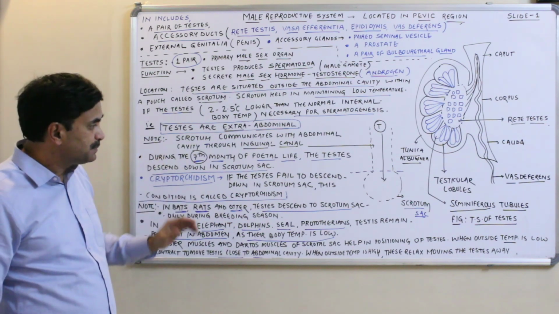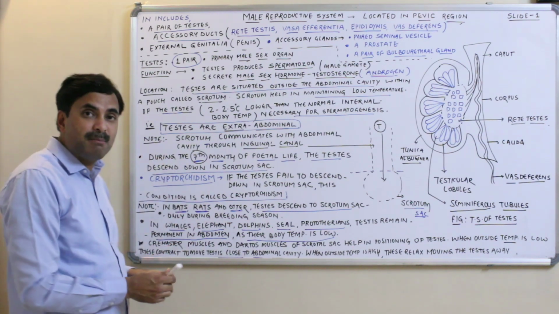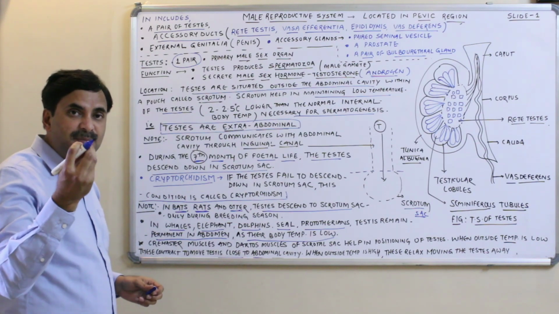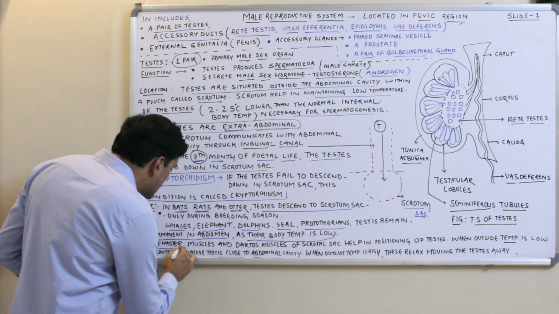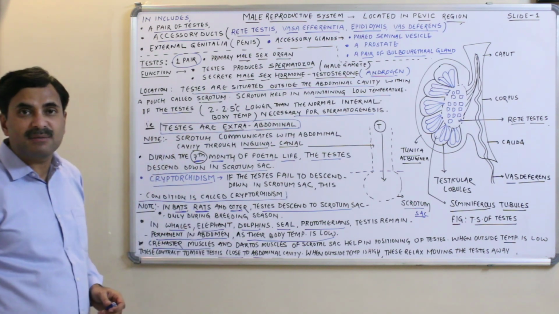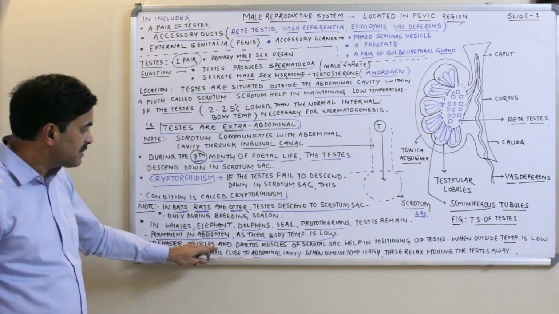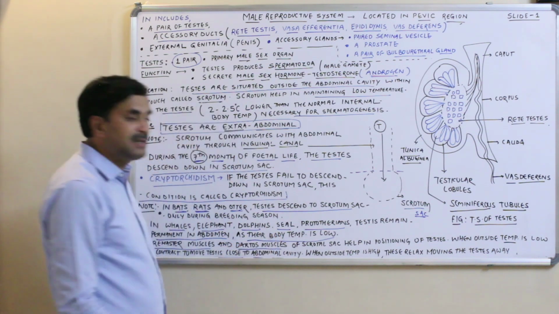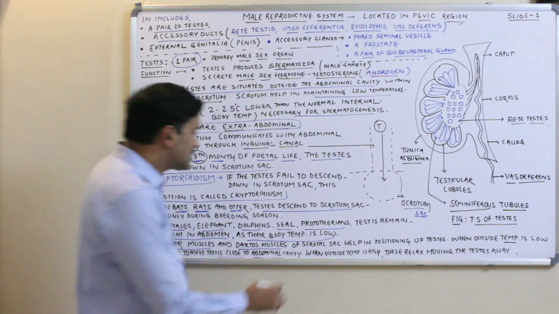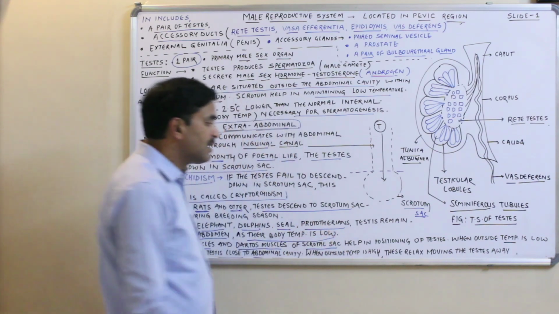Now, one more thing, this might be new for you. There are certain muscles known as the cremaster muscles, and also dartos muscles, which are the muscles of the scrotal sac.